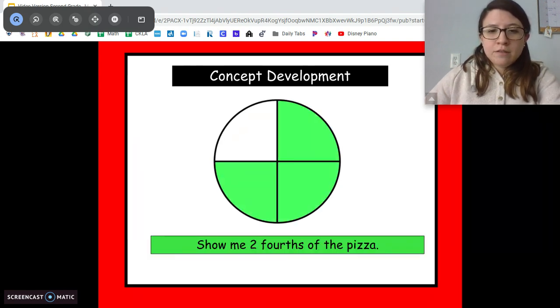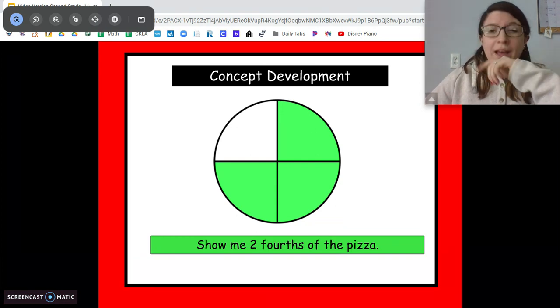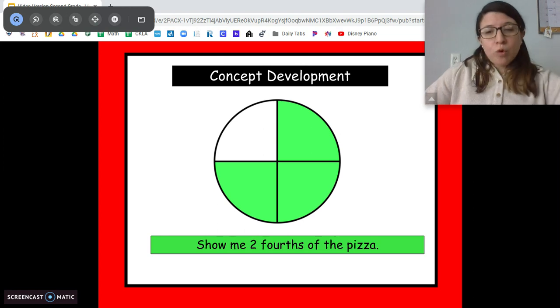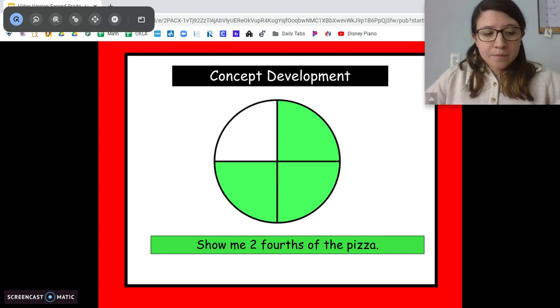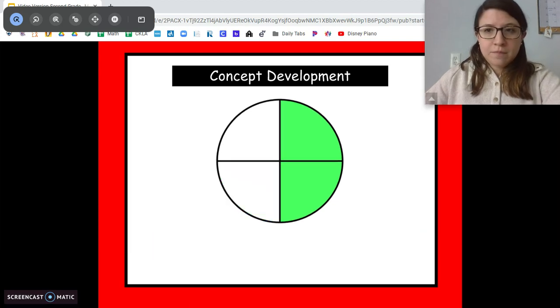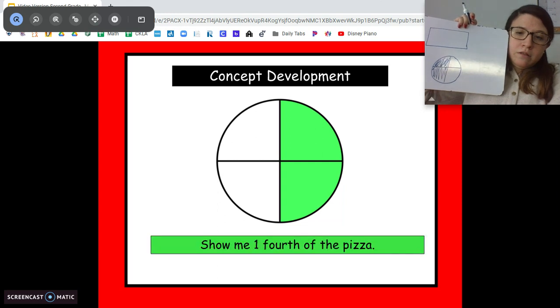Should look like this. Now, if you need to pause and you need to draw another pizza, go ahead. But now, if you're using a whiteboard, I want you to show me 2/4 of the pizza. Should look like that. 2/4 of the pizza.